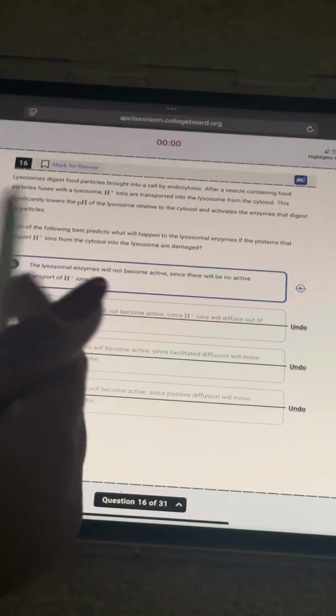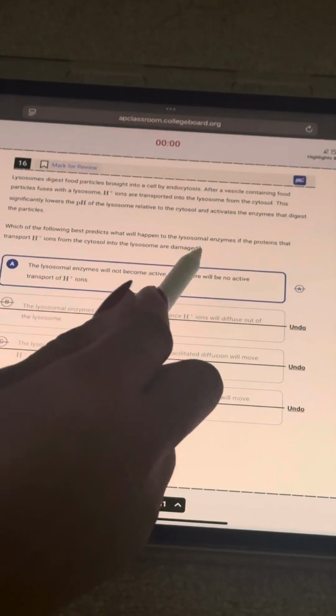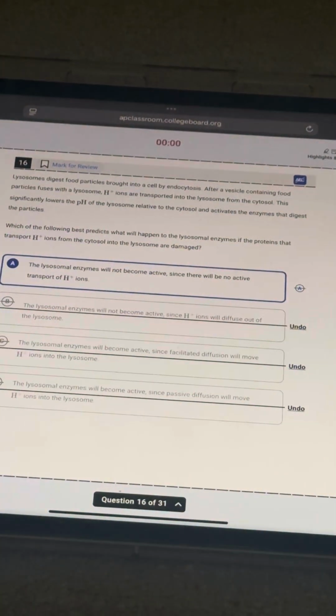So now it's asking us, which of the following best predicts what will happen to the lysosomal enzymes? And what are the lysosomal enzymes used for again? To digest the food particles.